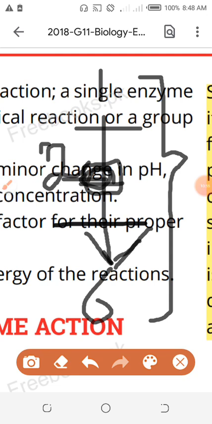Pepsin works but not at maximum. The pH at which the enzymes work maximum is called the optimum pH. Similarly, the temperature at which enzymes work maximum is called the optimum temperature. Two terms I have told you: optimum temperature and optimum pH.